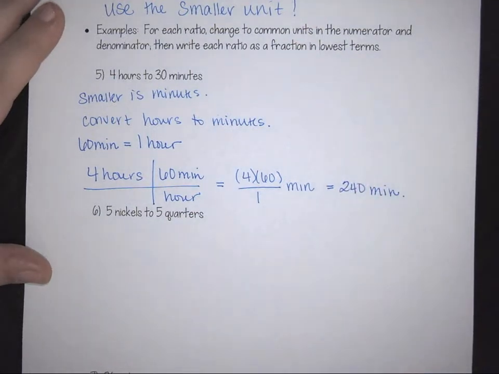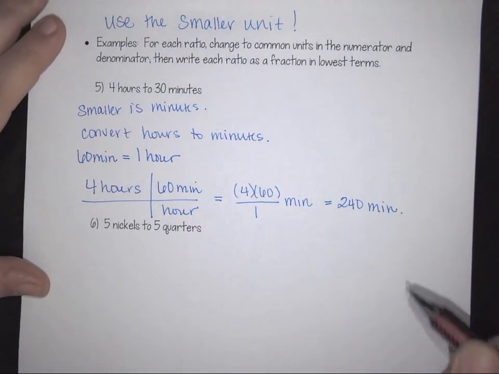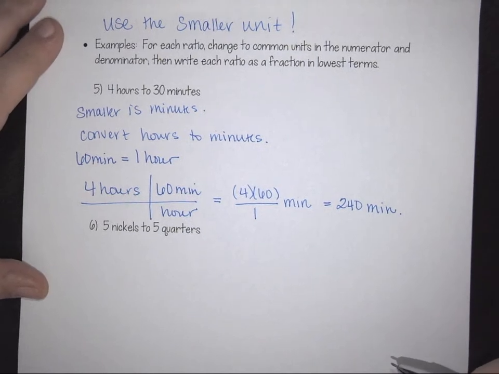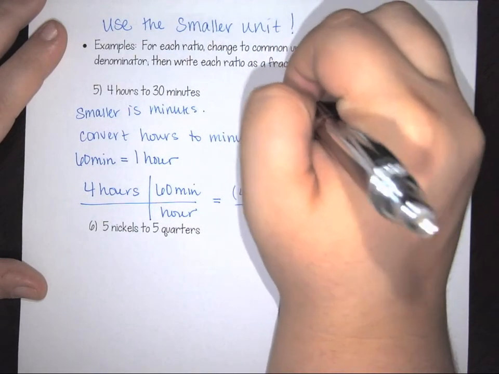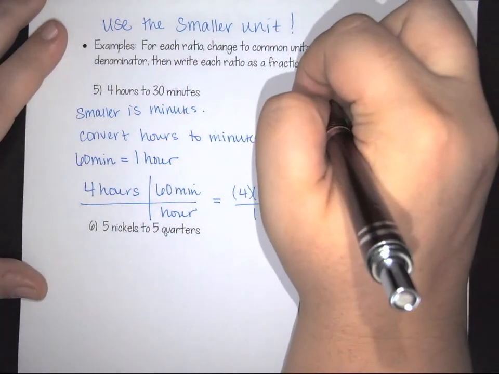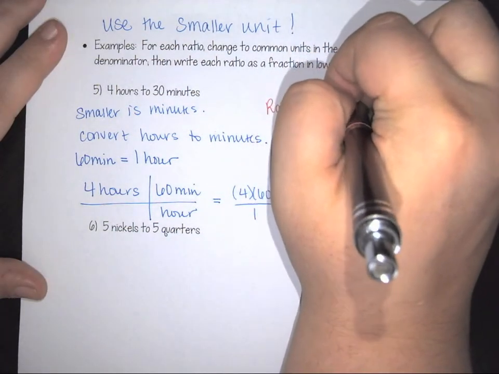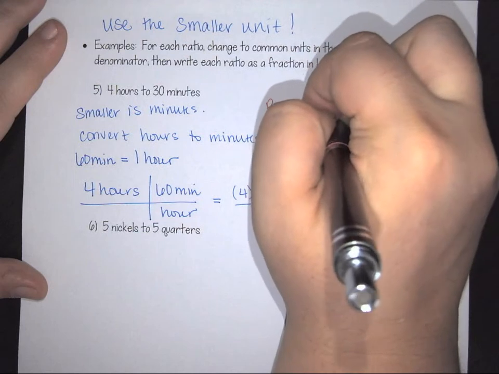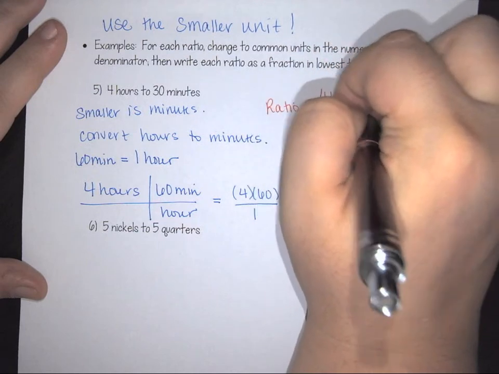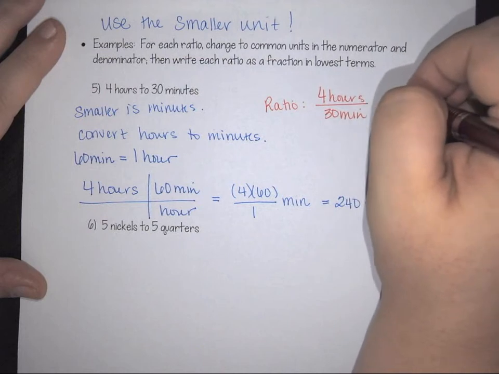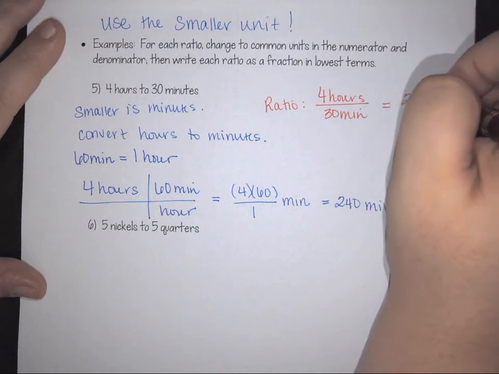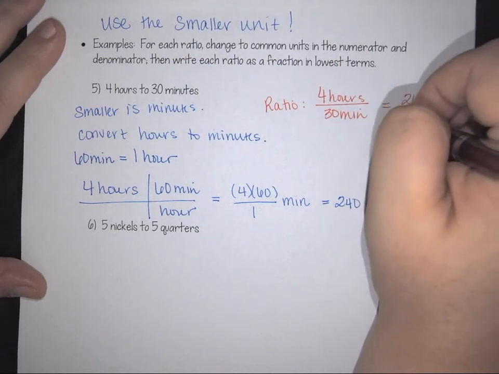Well, don't get excited. That was just simply the conversion. I actually have to do the ratio. So my ratio says that I'm looking at 4 hours to 30 minutes. Well, we already converted, so this is going to be the same as doing 240 minutes to 30 minutes.